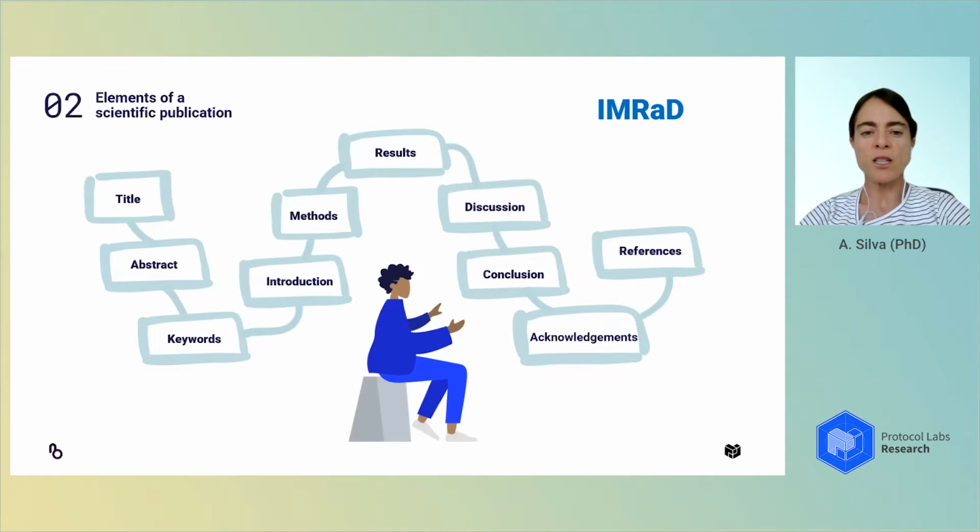So to try to enlighten you on what they are and what they mean in relation to this common structure. A paper necessarily has a title, and the title depends a lot on the target audience.